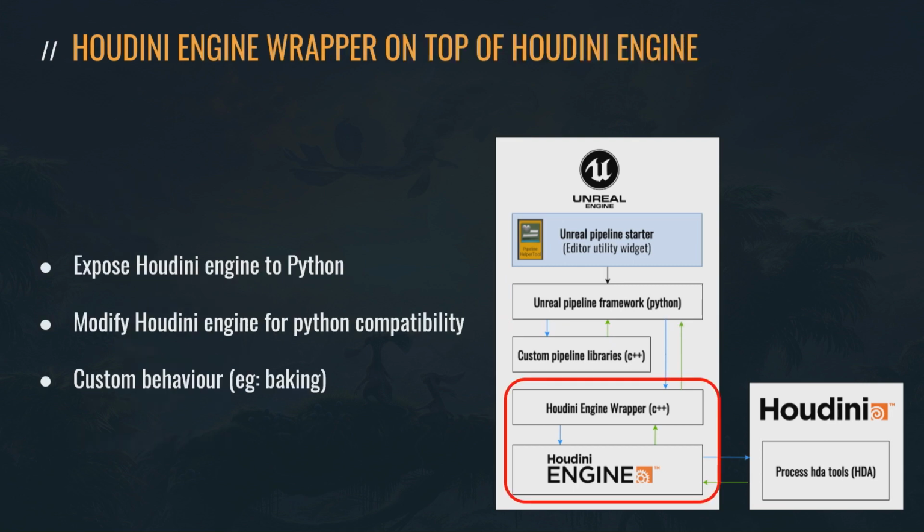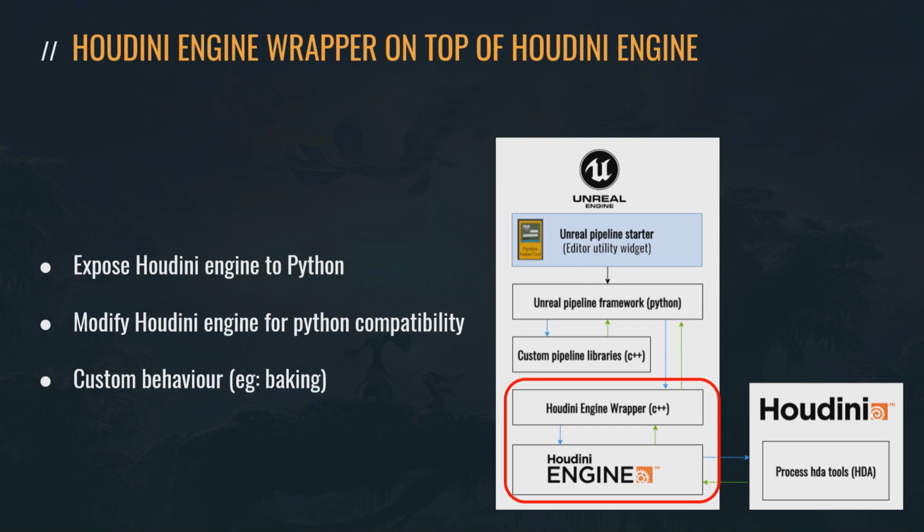Now, the Houdini Engine and Python were not fully working together, so we had to change the plugin a bit in order to avoid some crashes and to be sure that the cooking was working properly.